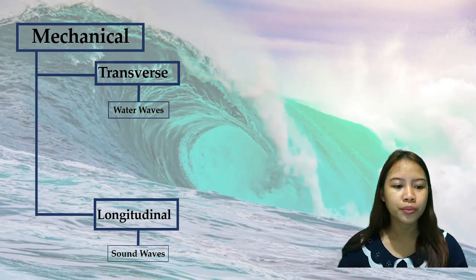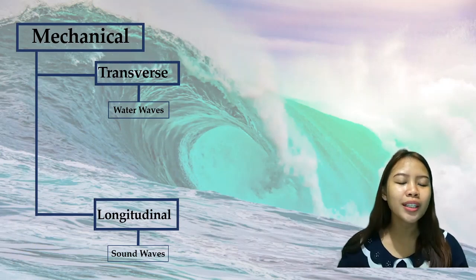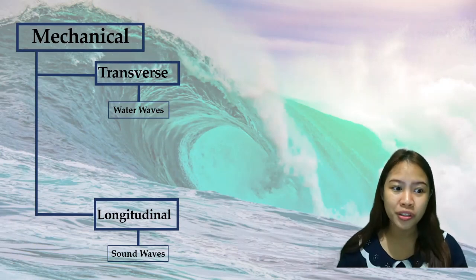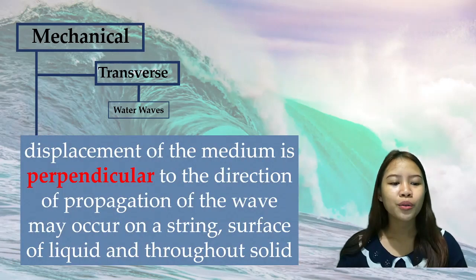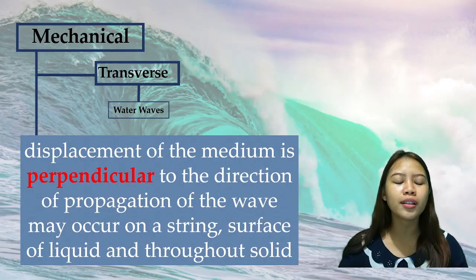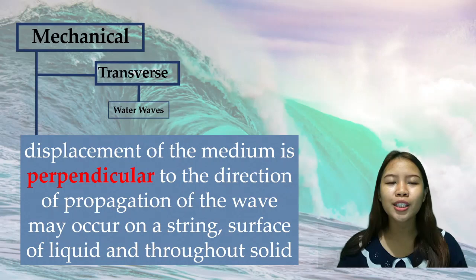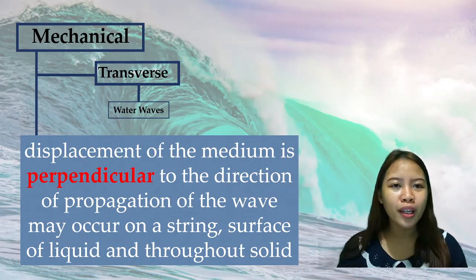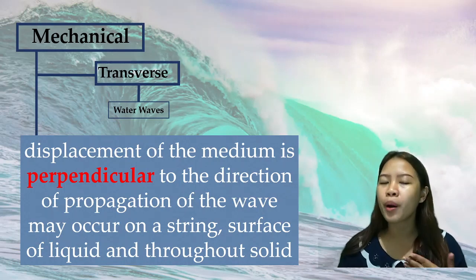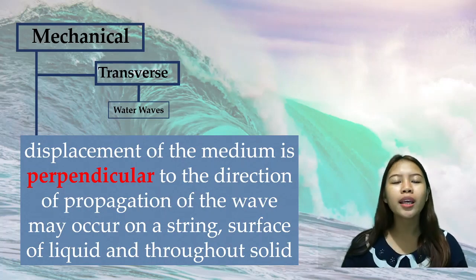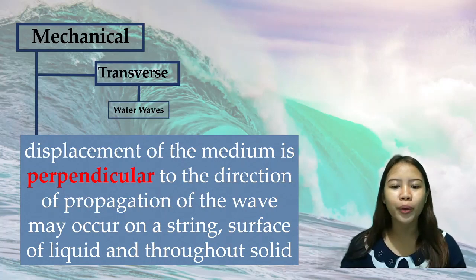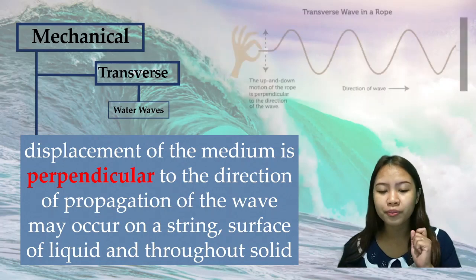So, for the mechanical wave, let us get to know first what is a transverse wave. A transverse wave is a wave that is perpendicular to where it is propagated. By the way, I have here the picture above.